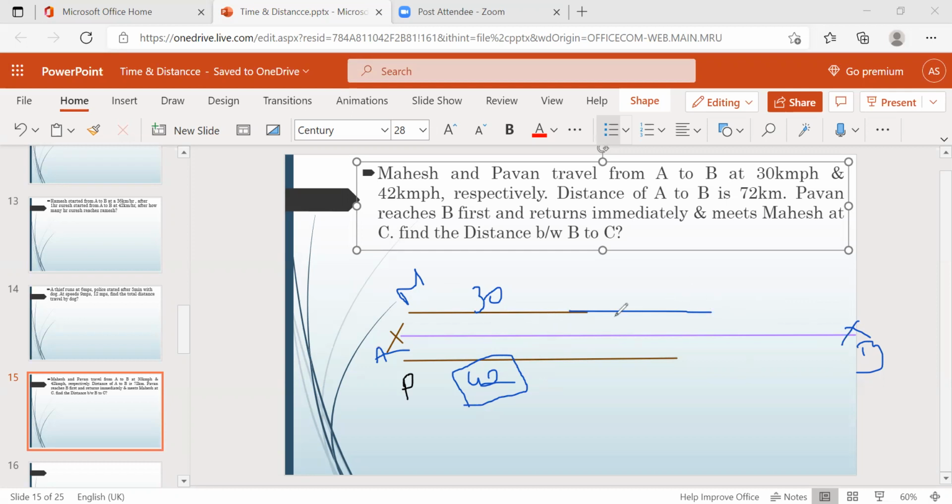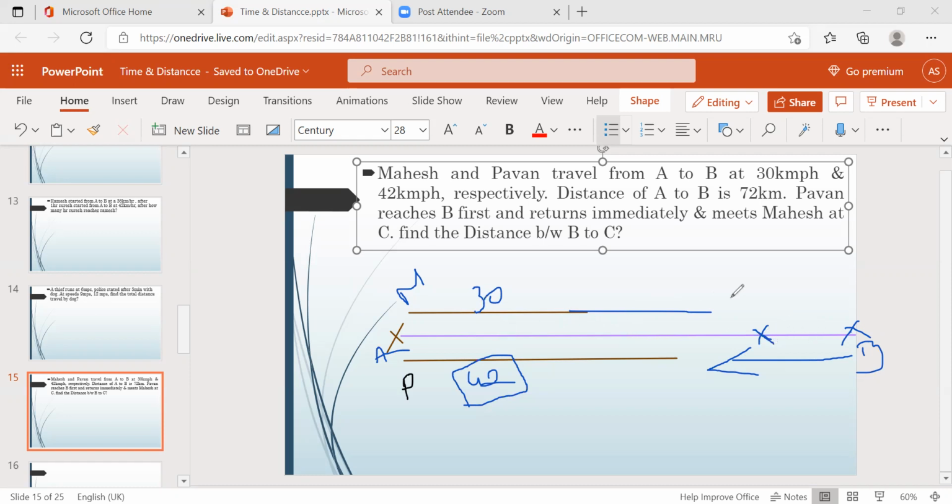Same direction, right? On the way to B, he comes like this. After reaching point B, Pawan starts to return. So Pawan is moving like this, and Mahesh is moving like this. At some point, both will meet.